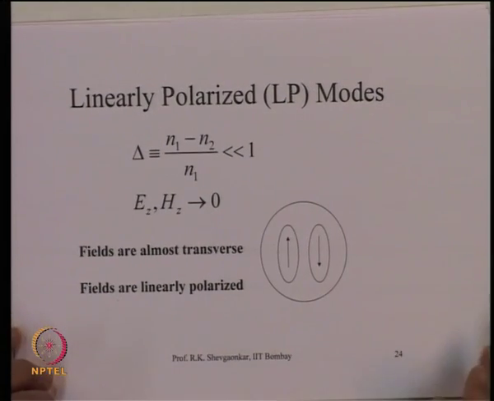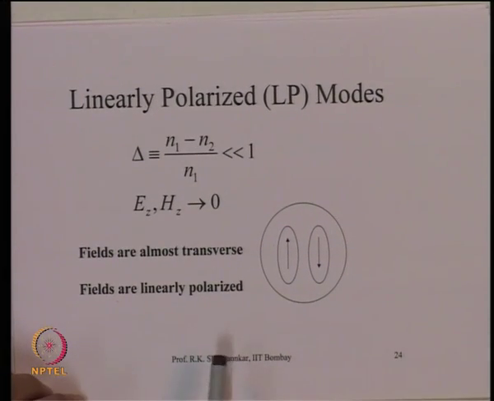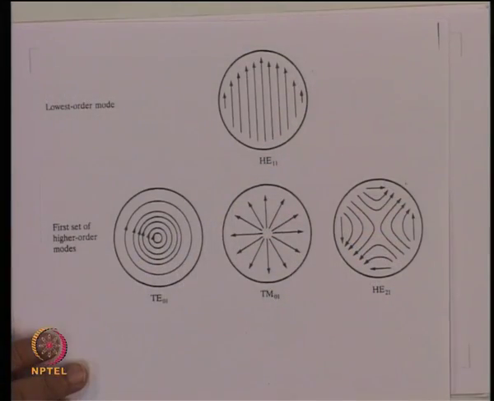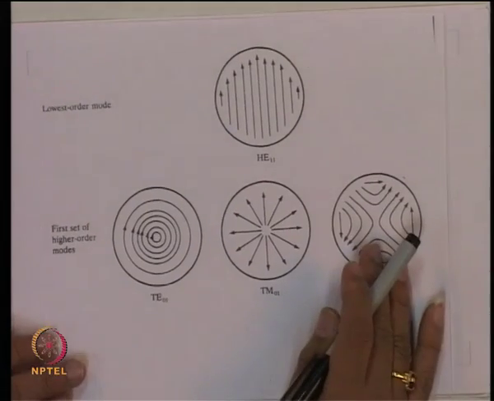So, for a practical fiber, since the weakly guiding approximation is justified, the fields are almost transverse, and also one can show that the fields become what are called linearly polarized. What do I mean by that? If I consider a field which is like this, the field direction is continuously changing.